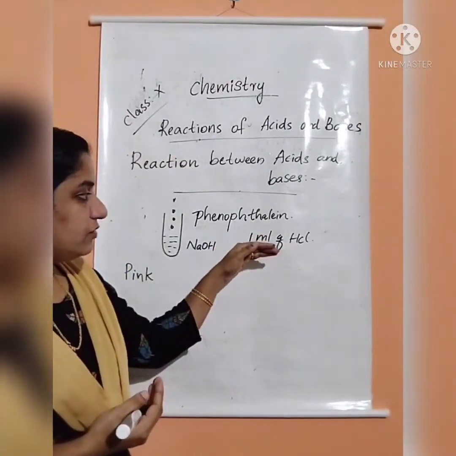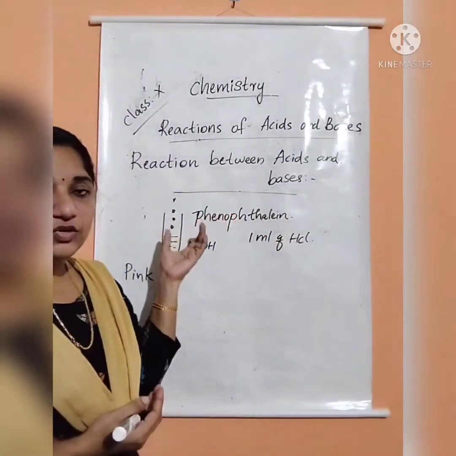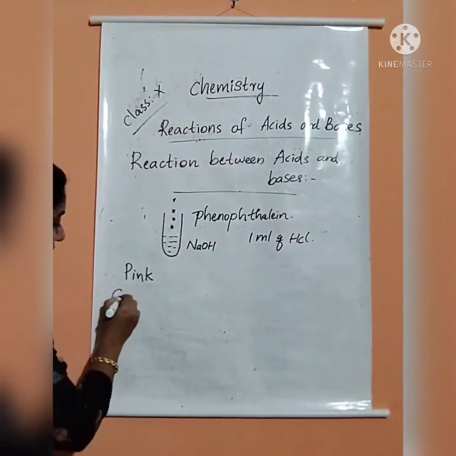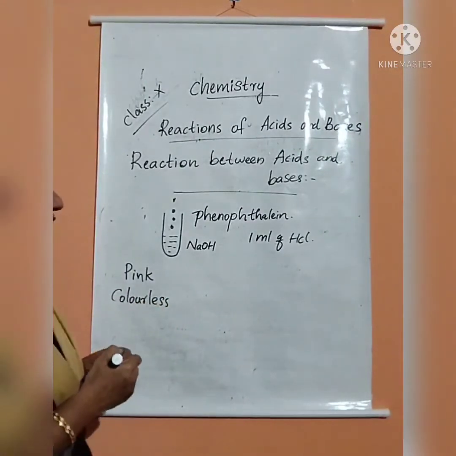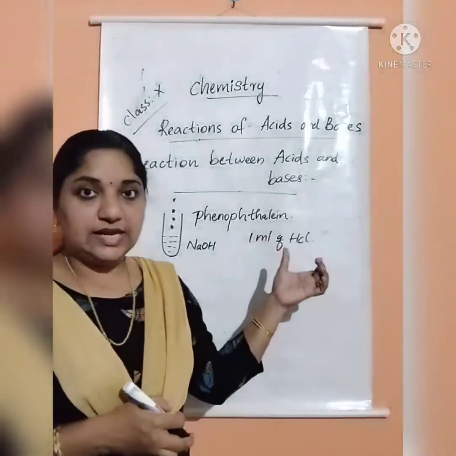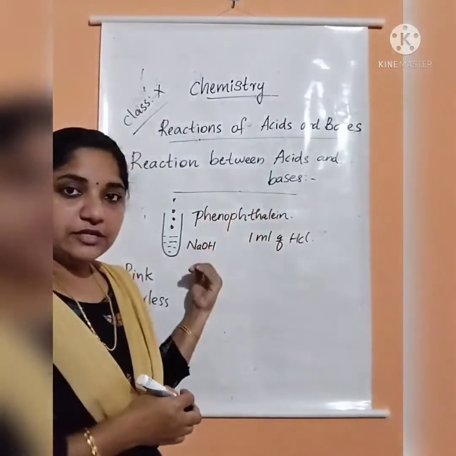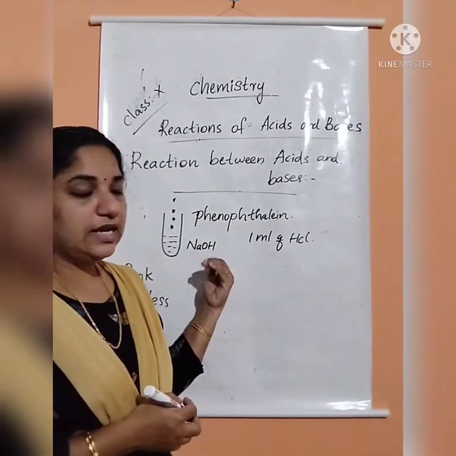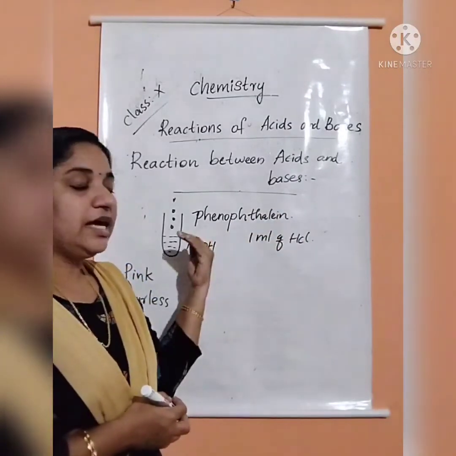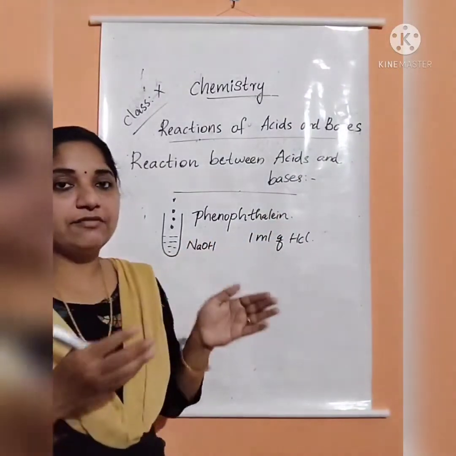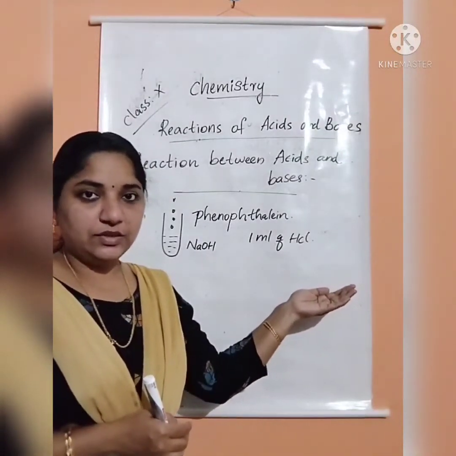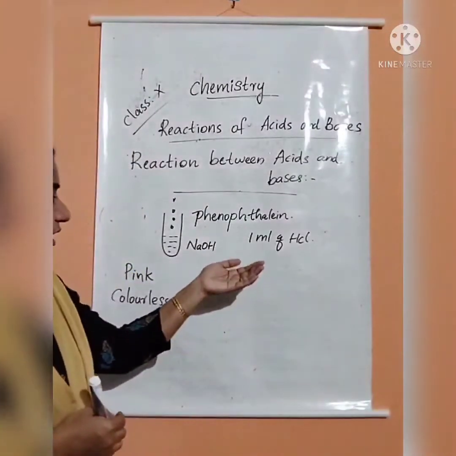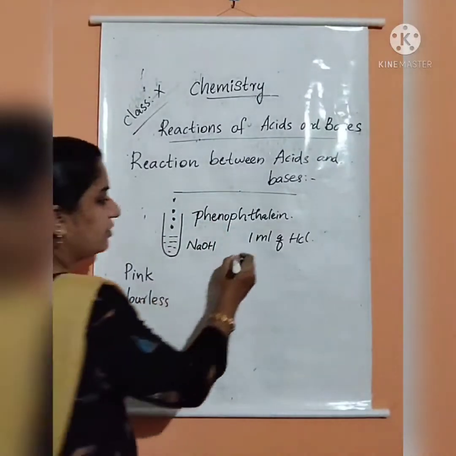So when we add 1 ml of HCl, this solution will turn colorless. Okay, so we can say that when we add HCl, it can nullify the effect of NaOH solution. അല്ലേ? നമ്മൾ HCl ആഡ് ചെയ്തപ്പോൾ ഈ NaOH സൊല്യൂഷൻ്റെ എല്ലാ എഫക്റ്റും ക്യാൻസൽ ചെയ്യാൻ ആർക്ക് പറ്റി? HCl പറ്റി.